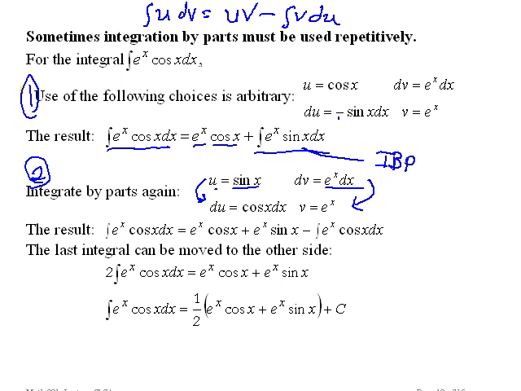So what do I have here? When I'm integrating my original function, I have my original uv, which is right here. Let me get this highlighter so you can see the different terms. So I have this term, which persists here. Fine. And now I've taken this integral and I've integrated by parts. So there is a uv associated with it, which is e to the x times the sine of x.